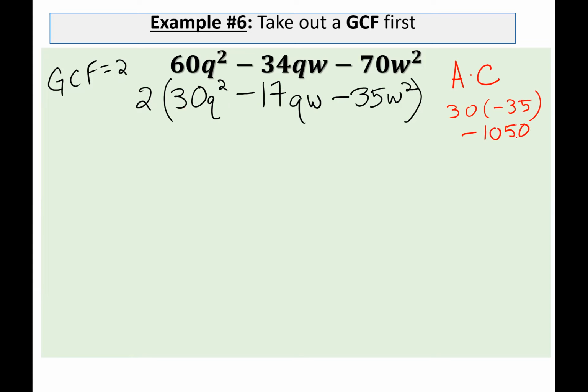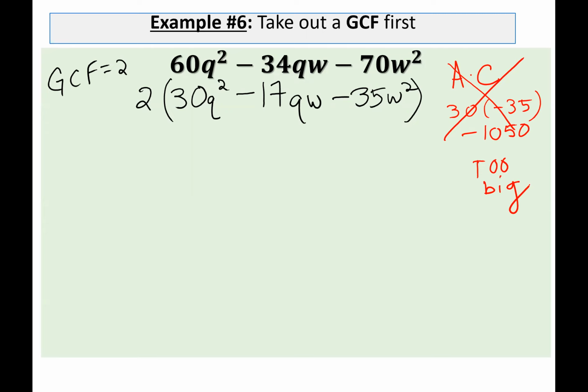If I were to continue, I would need factors of negative 1050 that add up to negative 17. That pair of numbers does exist. It's a little bit beyond my comfort level. And if there's another method, let's try to use that other method instead. So I'm just going to cross this out and say too big. Not that it's impossible, but let's try something else.